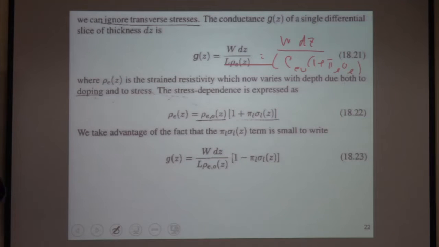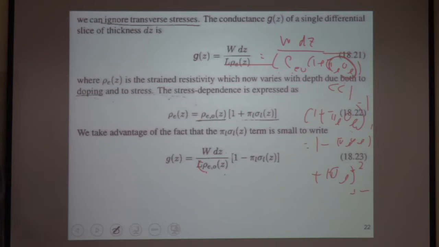Based on Taylor's series, W dz over L rho E0 stays here, but 1 over 1 plus pi L sigma L becomes 1 minus pi L sigma L plus pi L sigma L squared, and so on.